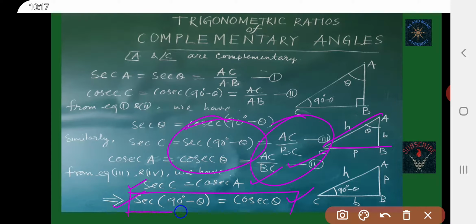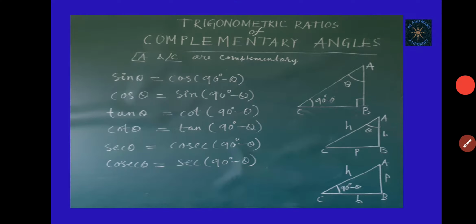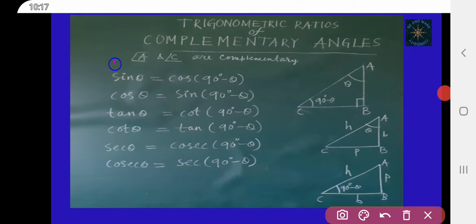This must be remembered. Here you see A and C are complementary angles. Then we have sin theta equal to cos 90 degree minus theta and cos theta equal to sin 90 degree minus theta.